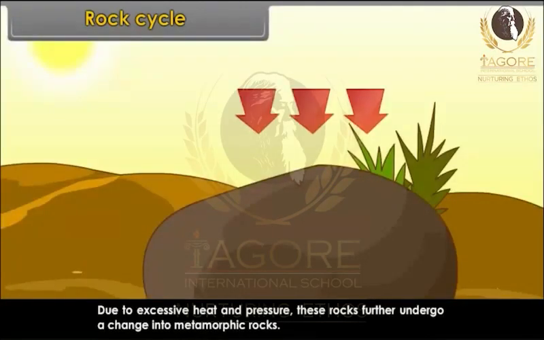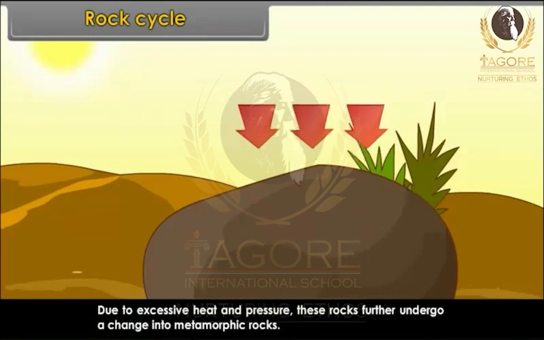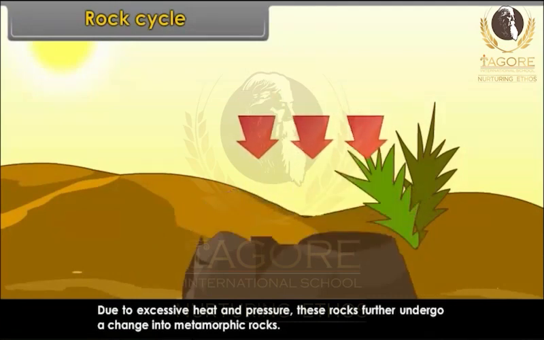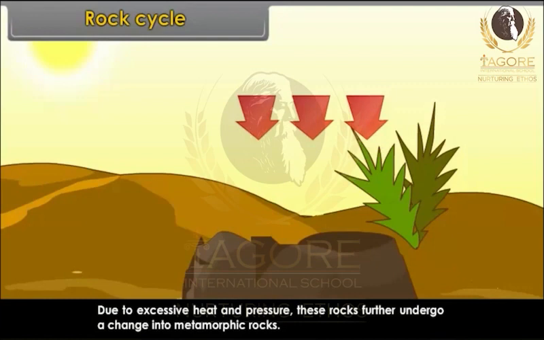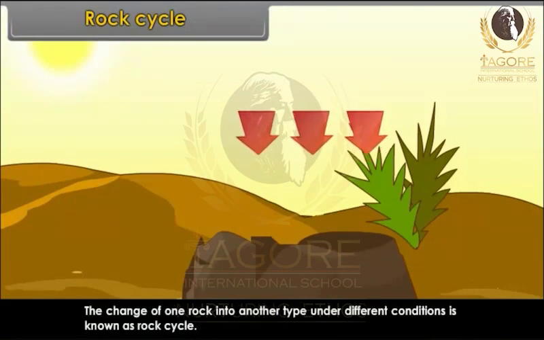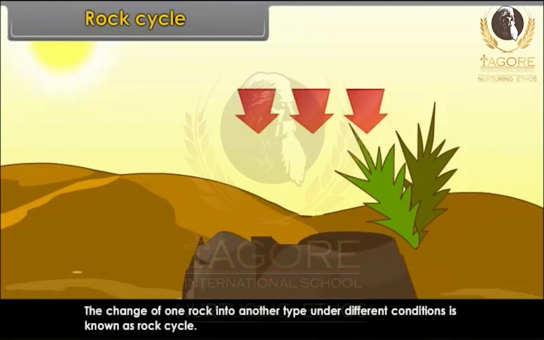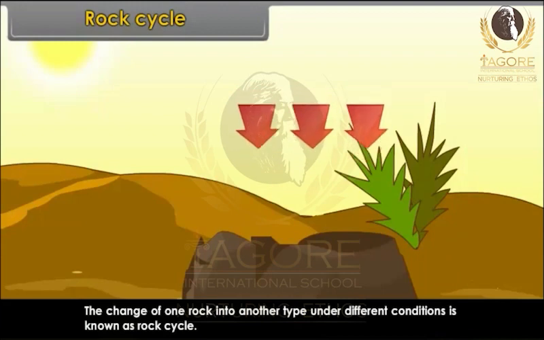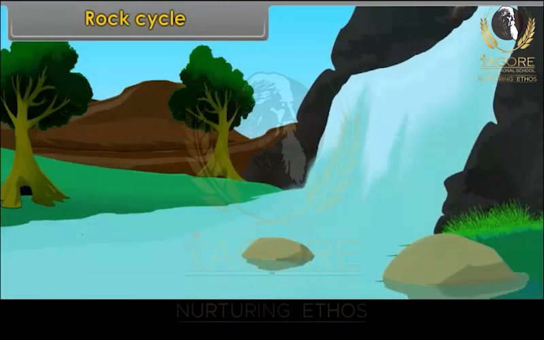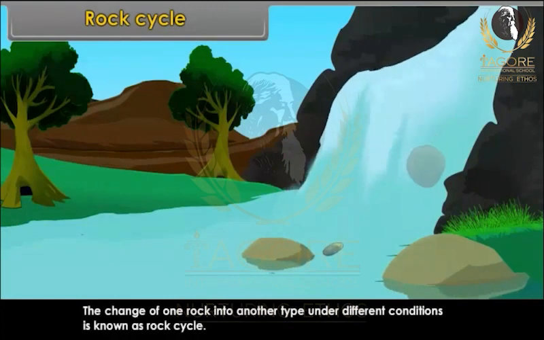Due to excessive heat and pressure, these rocks further undergo a change into metamorphic rocks. The change of one rock into another type under different conditions is known as rock cycle.